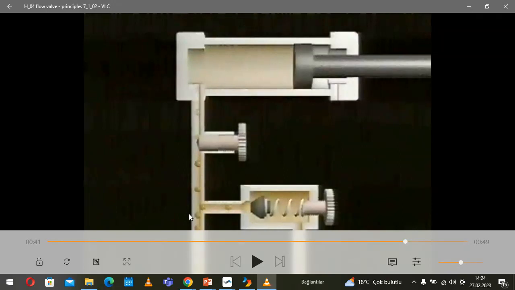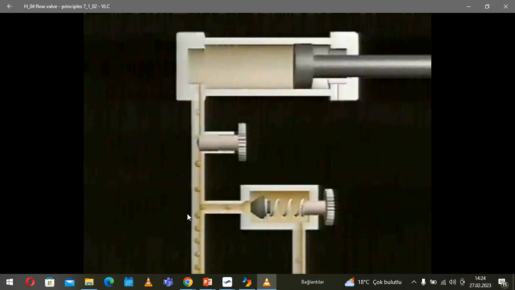So we divide the total flow rate coming from the pump. The pump is delivering the oil, and the pump has a theoretical flow rate capacity, and the flow rate is defined via the pump.